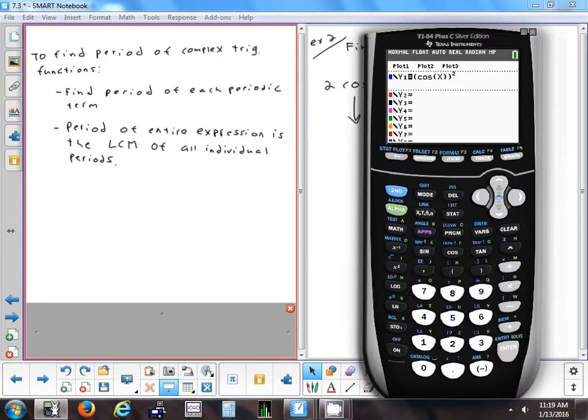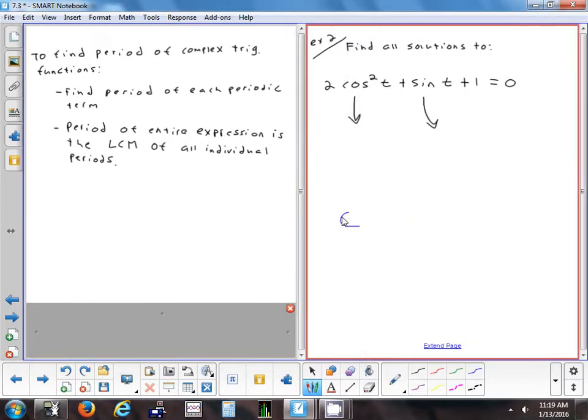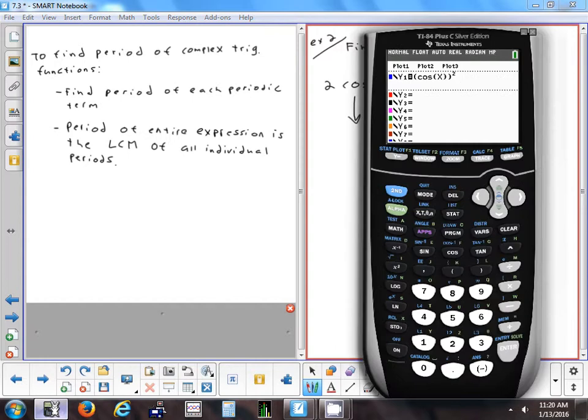Okay, now the reason I put those double parentheses is because I want to make sure it takes the whole cosine and squares it. I don't want it to do this. I don't want the cosine of x squared. I want the cosine of x, square the whole thing. Okay, any questions on how I type that in?